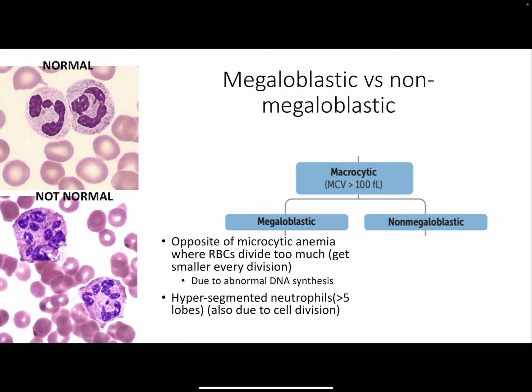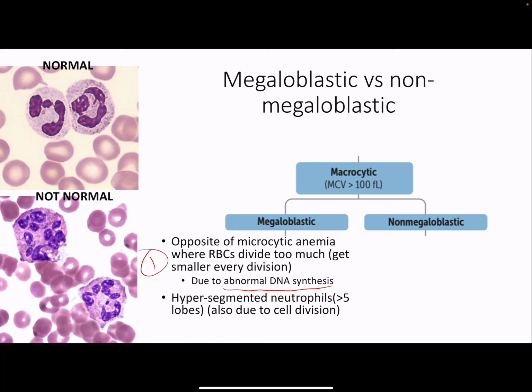So megaloblastic, really, I guess there's two things. So the reason that the cells are getting larger in this case is because there's abnormal DNA synthesis. So that's one thing to know. So if there's not appropriate DNA synthesis, they can't divide as much as they should. And every time a red blood cell precursor divides, it gets smaller and smaller and smaller until it's ready to go.